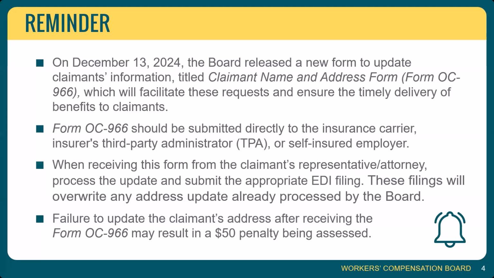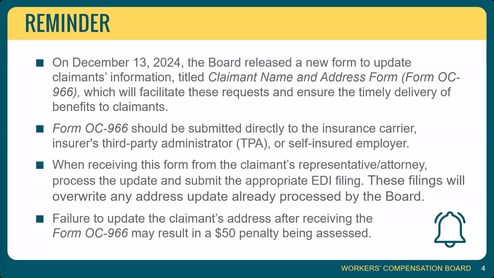When you submit the O2s, the filers will actually overwrite any address update that was already processed by the board. So timely submission will ensure that the board's database is actually updated accordingly with the correct claimant new name or address.